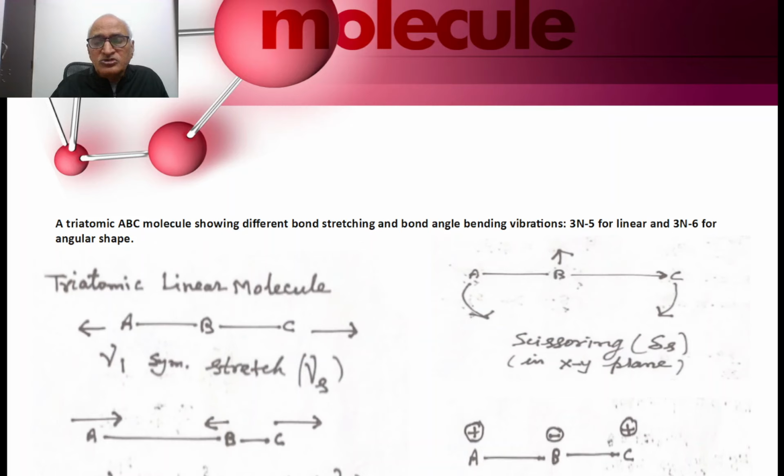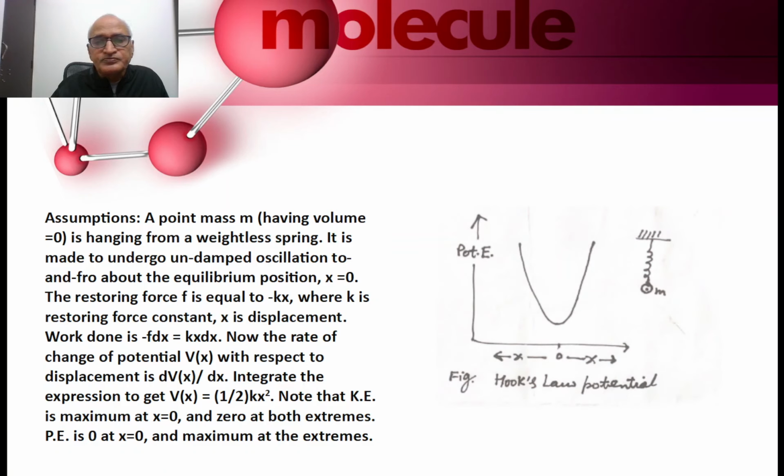So this is also scissoring, because 3 points can never be non-planar. They are always in one plane. So both these modes, which are shown on the right hand side, though they look different, involve the same amount of energy. Therefore, they are called degenerate modes.